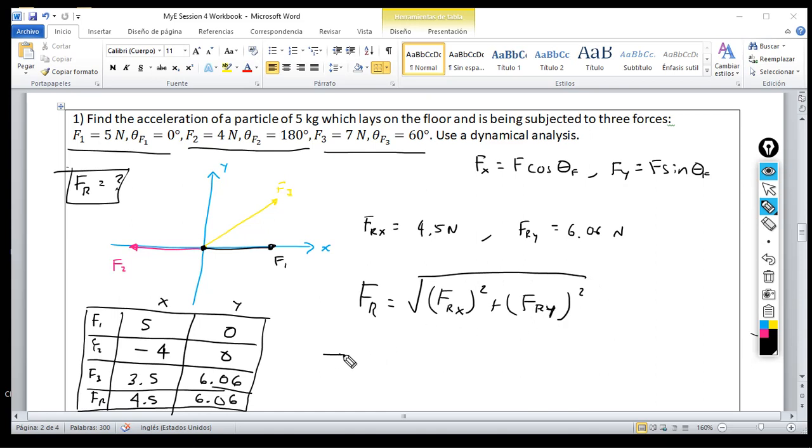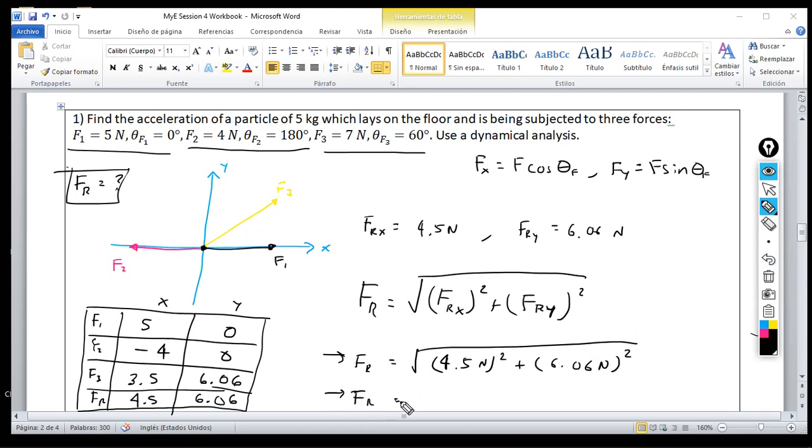Okay, so let's input the components here. That will be 4.5 newtons squared plus 6.06 newtons squared.